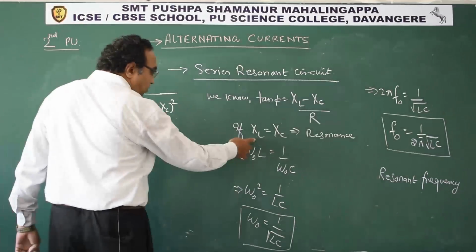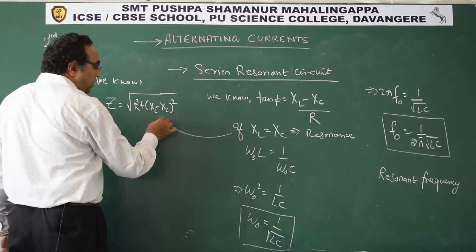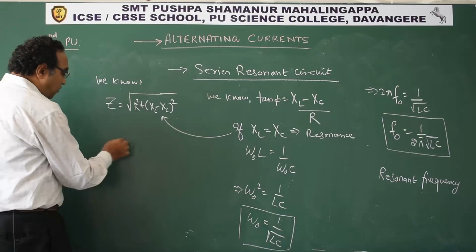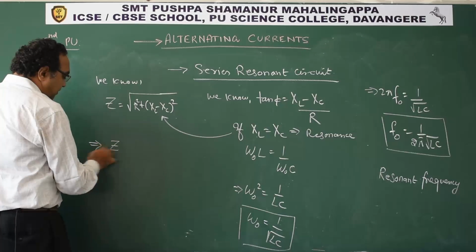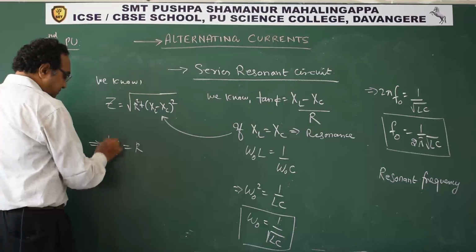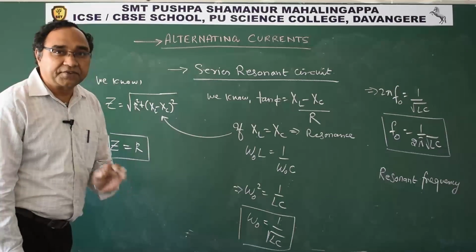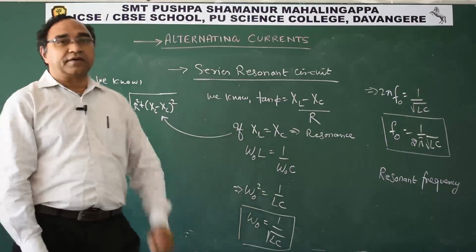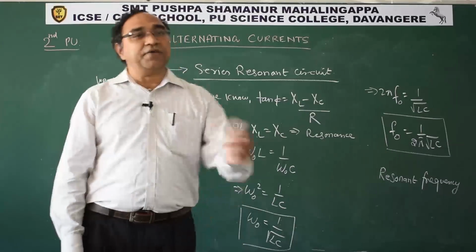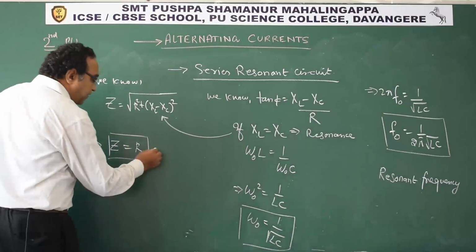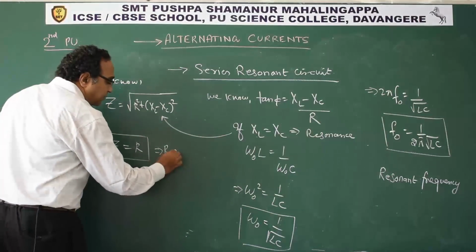If XL is equal to XC, pass on this condition here. What do you get? This is called resistive circuit. We have seen inductive circuit. We have seen capacitive circuit. This is resistive circuit.